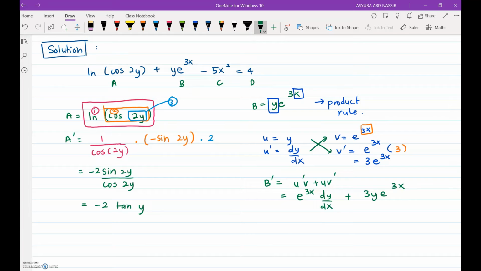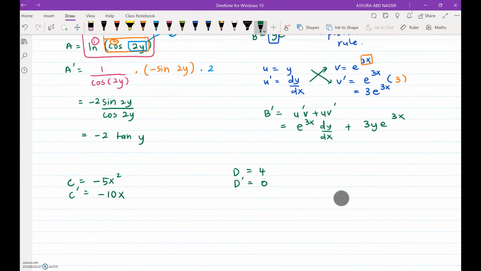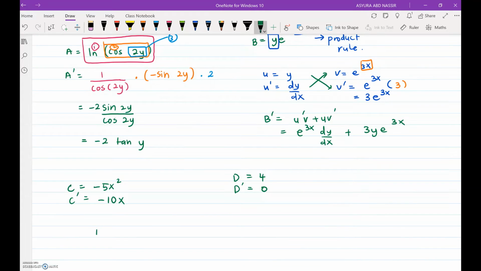Alright, now we have C. Your C is negative 5x squared, then your C prime is negative 10x, while your D is 4, and when you differentiate a number, it will be 0. So now your implicit differentiation will be A prime plus B prime plus C prime equals D prime.